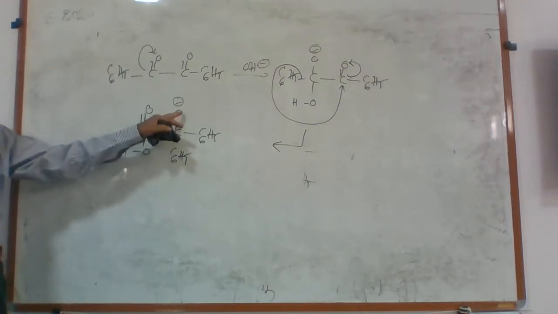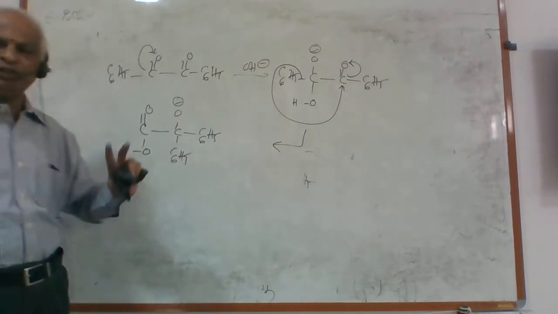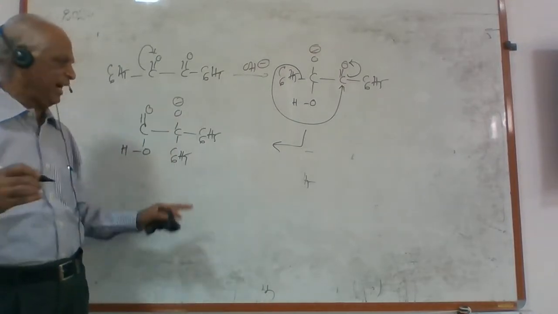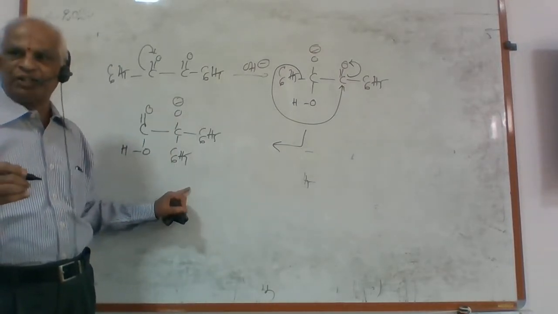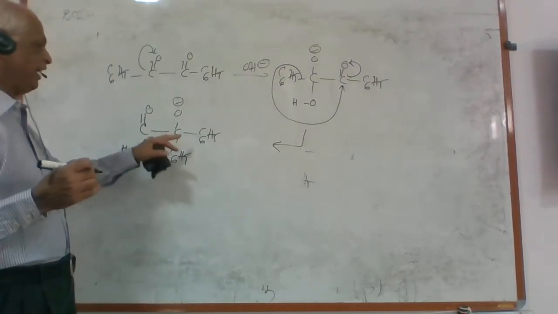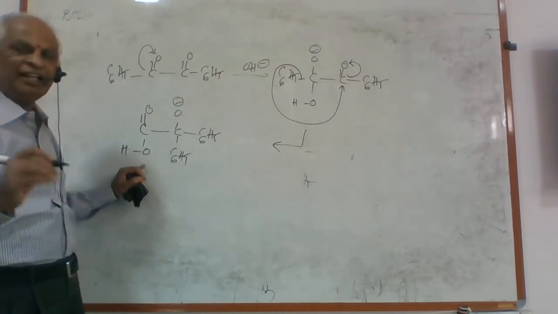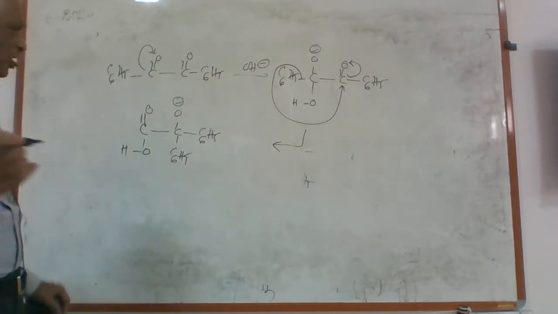O minus means it is an alkoxide ion, and there is a carboxylic acid. If you remember the mechanisms of this reaction, and you are studying the Cannizzaro reaction also, you can face the same problem. In the last step you get an alkoxide and a carboxylic acid. That equilibrium is rather unstable.